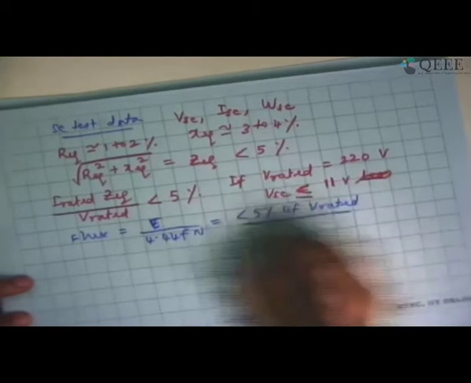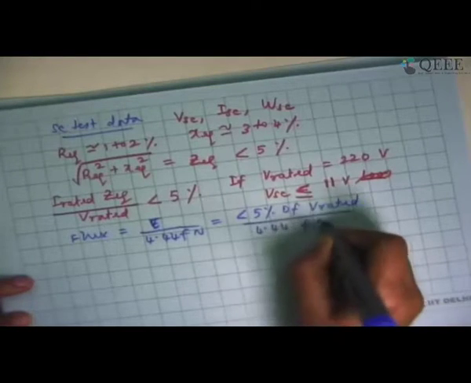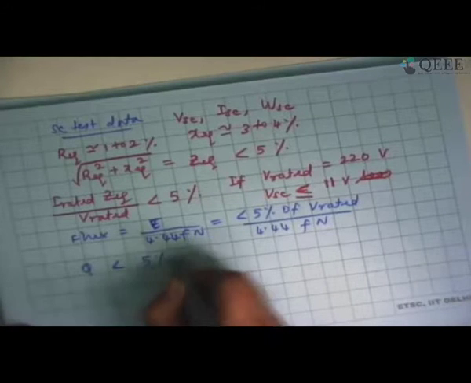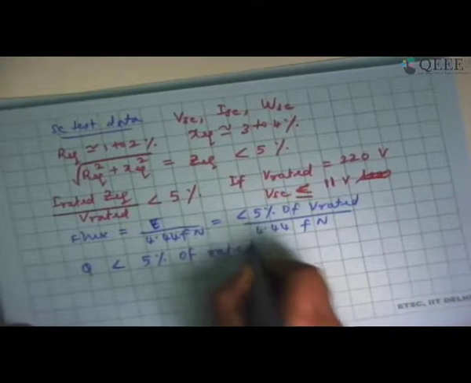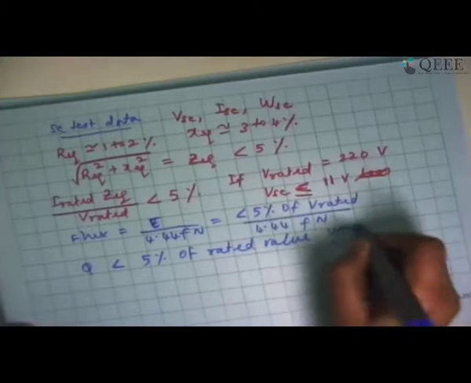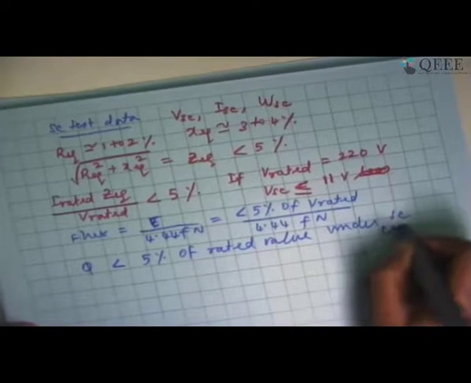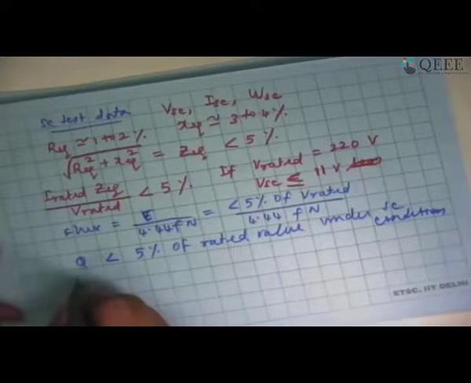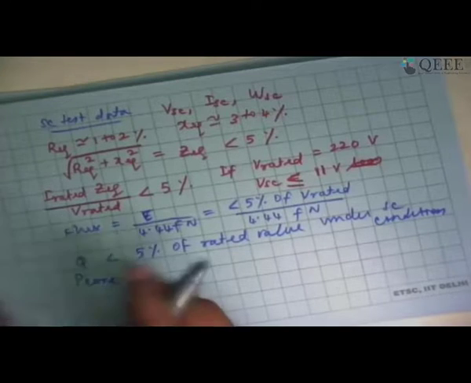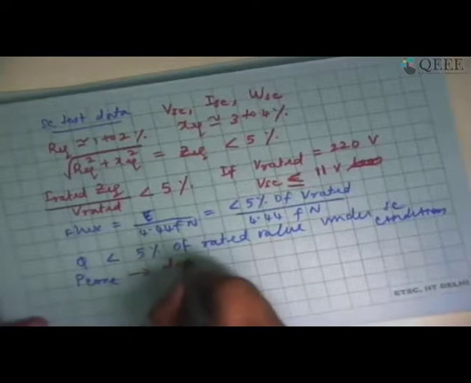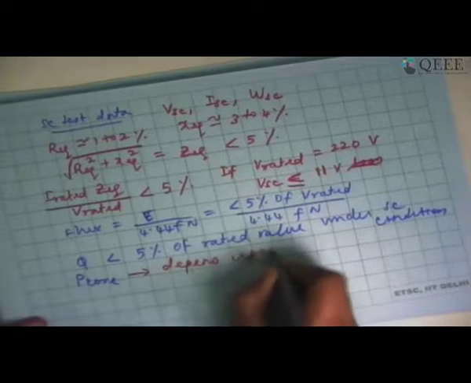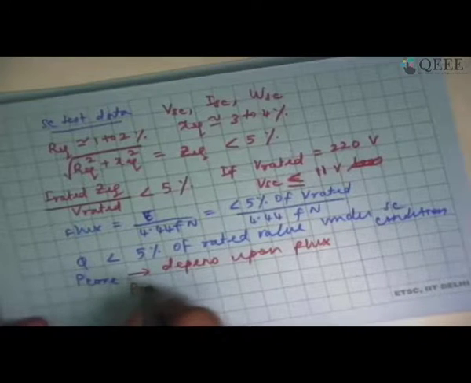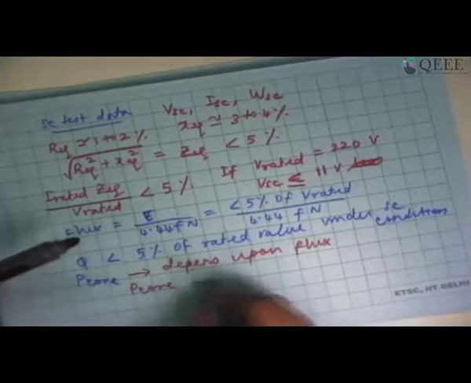Rest of the things are all constants, 4.44 f N. So flux is going to be less than 5% of rated value under short circuit condition. So I can say clearly that during this time P core, this depends upon flux. So if the flux is only 5%, I'm going to have P core to be negligibly small.